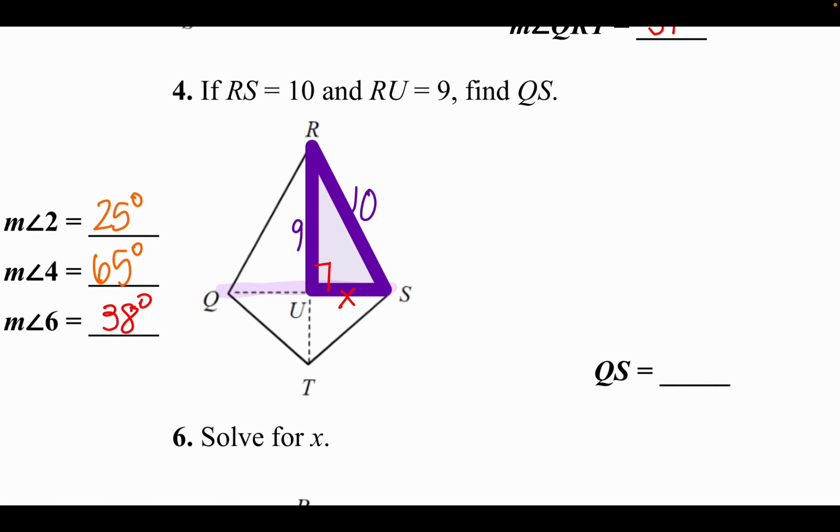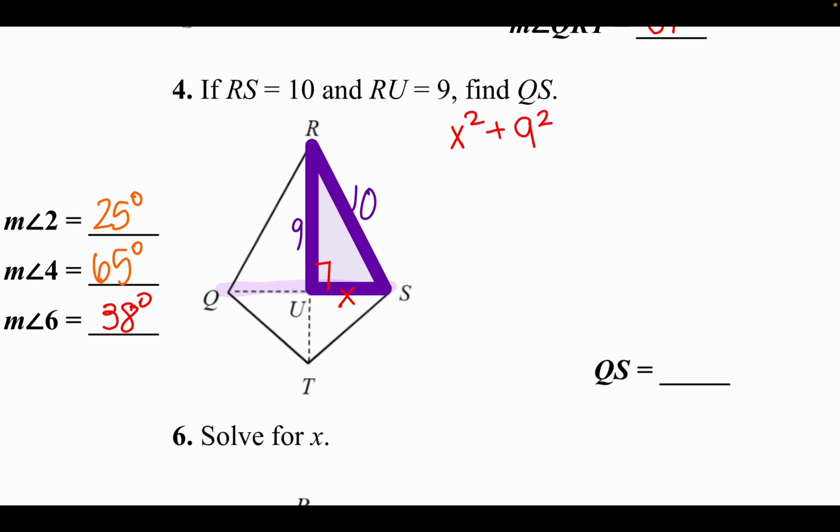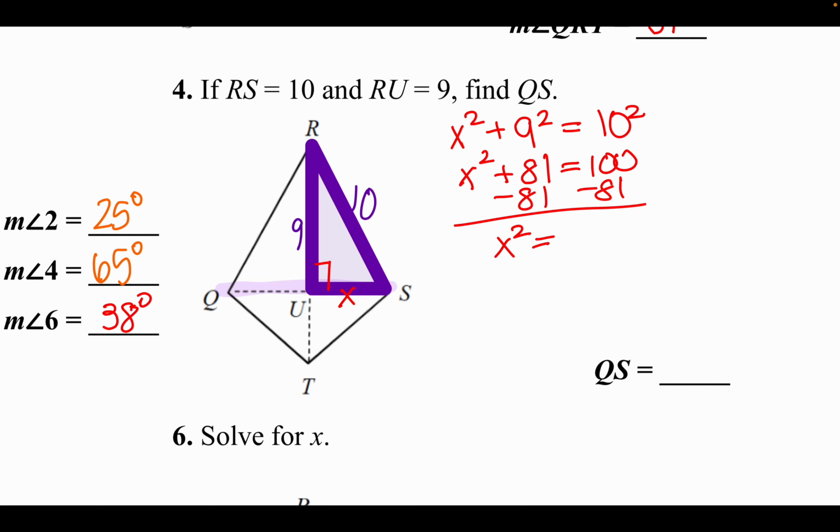So we have x squared plus 9 squared equal to 10 squared. The 10 has to be by itself because it's across from the right angle. So x squared plus 81 is equal to 100. So minus the 81, we get x squared is equal to 19.